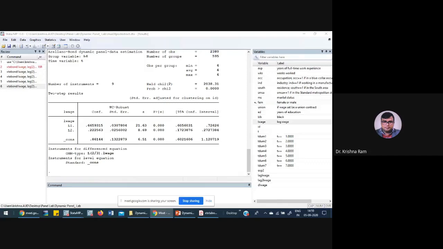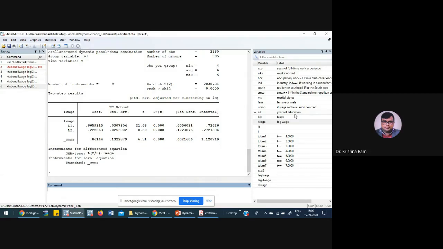Now let's move on to the next stage in which we use additional regressors in the two-step Arellano-Bond estimator. As additional regressors, we are going to use the marital status variable, MS. We are going to use union, if the wage is set by a union contract.